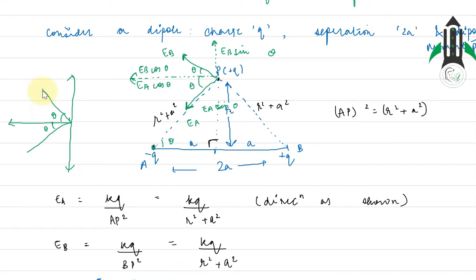This is EB, this is EA. So it is EB cos theta, EA cos theta. This is EB sin theta, and this is EA sin theta. We have resolved it here.